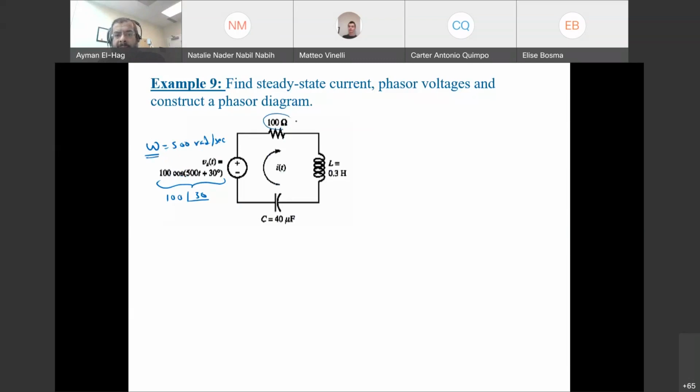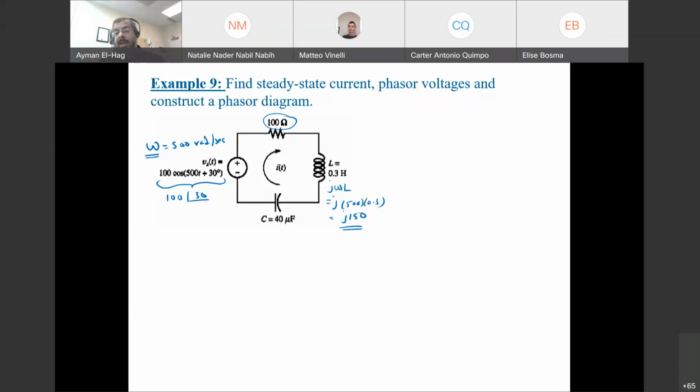So this is 100 ohm. This is J omega L, which is equal to J times 500 times 0.3, which is equal to J150. Okay, so this is very important. Now, as I mentioned before, this is one of the common mistakes. The student will just keep this as 0.3, this as 40 microfarad, and this 100 ohm, and then start to apply KCL and KVL.